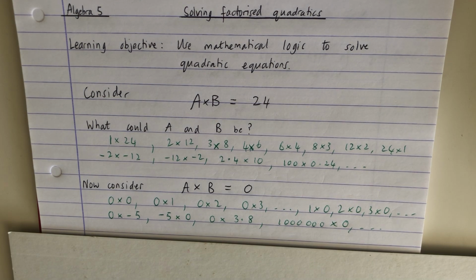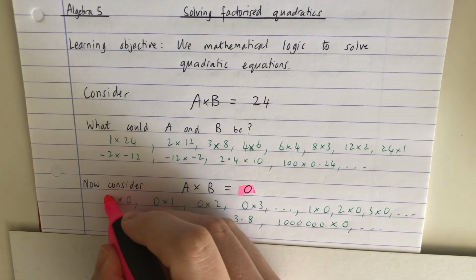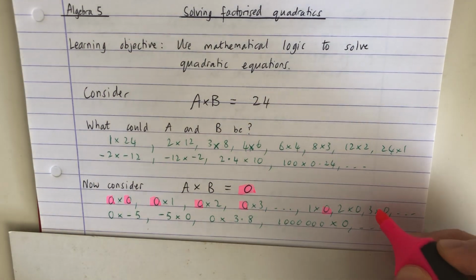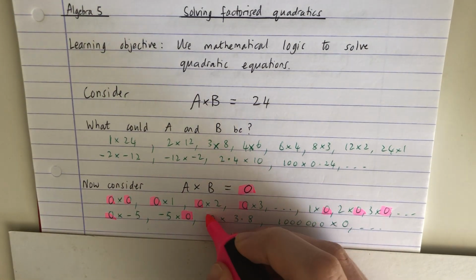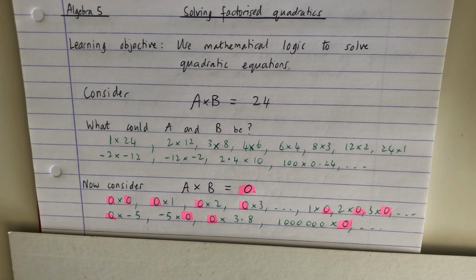However, there's not as much freedom with a times b is equal to 0. When the answer is equal to 0, in every single one of these there's at least one 0. At least one of the numbers is going to be 0, otherwise it's not going to work.